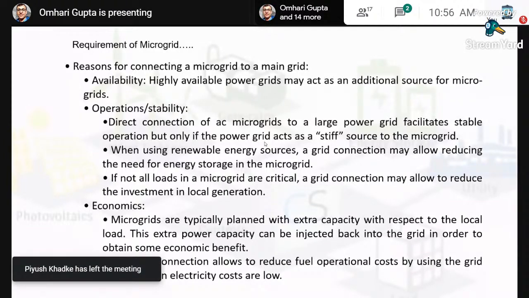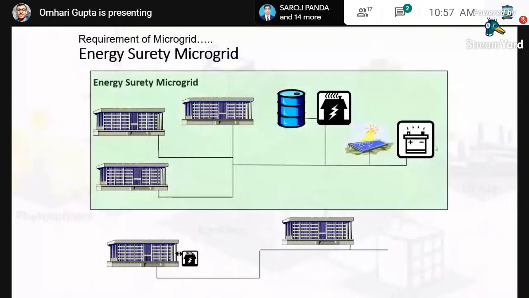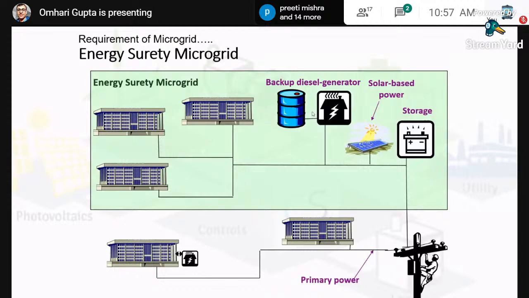That is another aspect. If not all the loads in a microgrid are critical, a grid connection may allow you to reduce the investment in local generation. The same thing as before. See, this battery energy storage system and this diesel backup system, if you do not have these two, you can save a lot of money with the provision of connecting it to the grid.